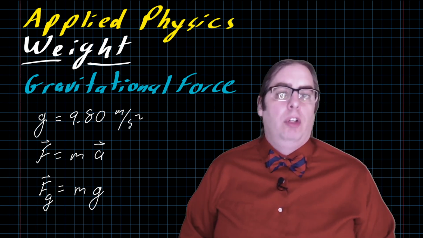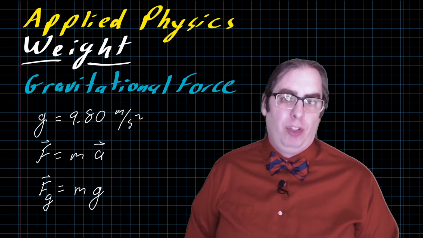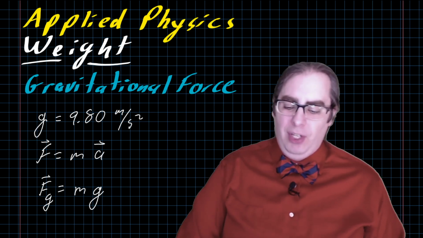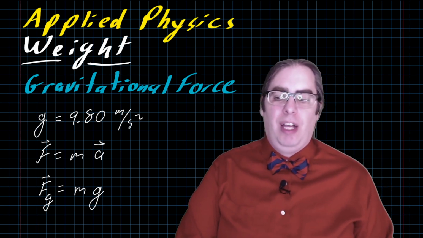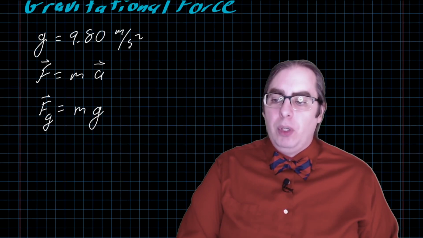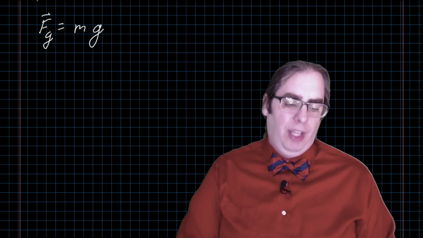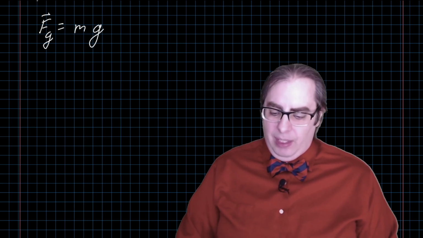Newton's law of universal gravitation is a little bit beyond the scope of this course, but it is a thing, it exists. We could figure out gravitational accelerations in other contexts, but we're going to stick with the tried and true F_g equals mg. All right.